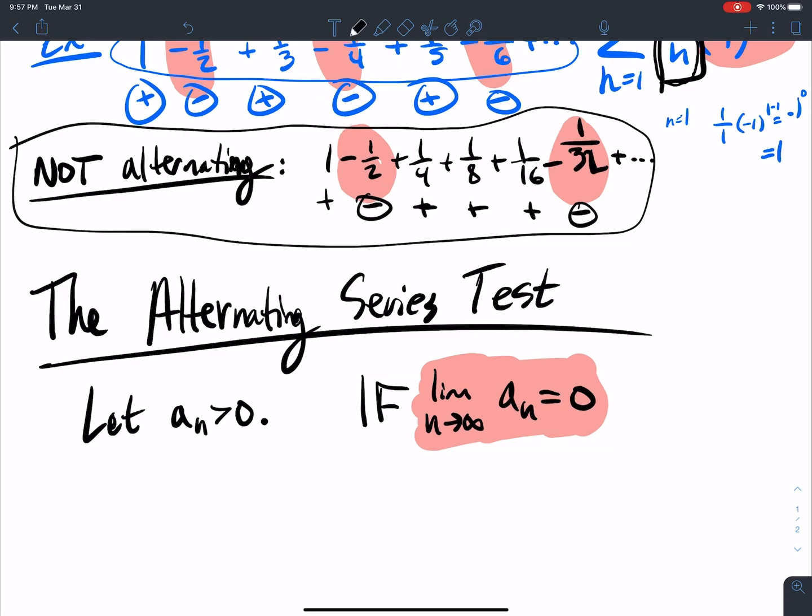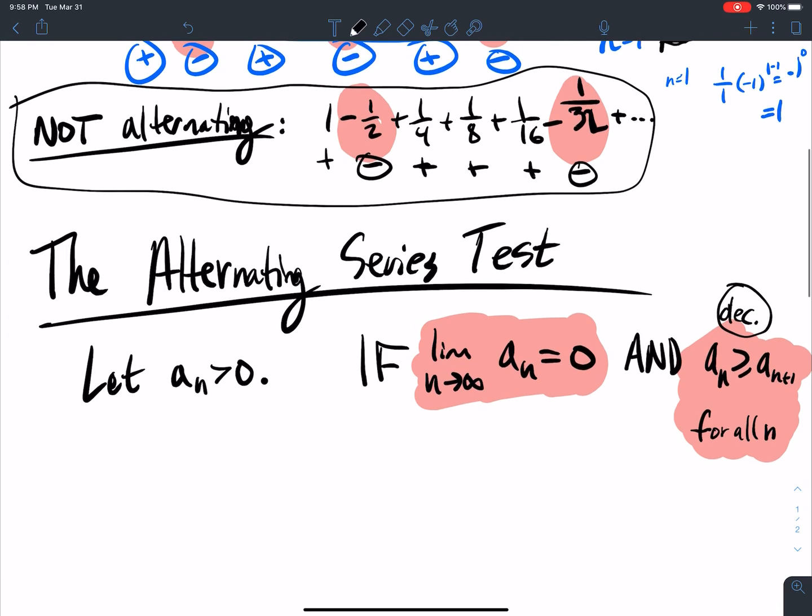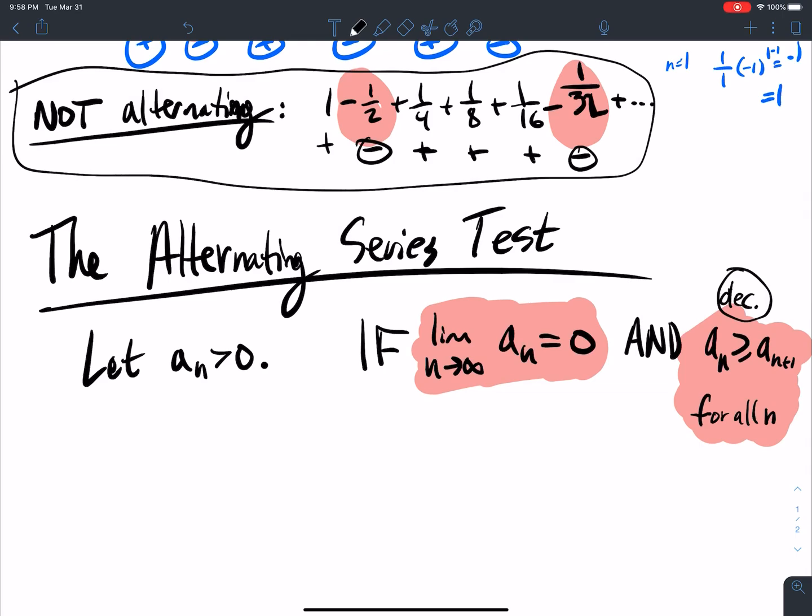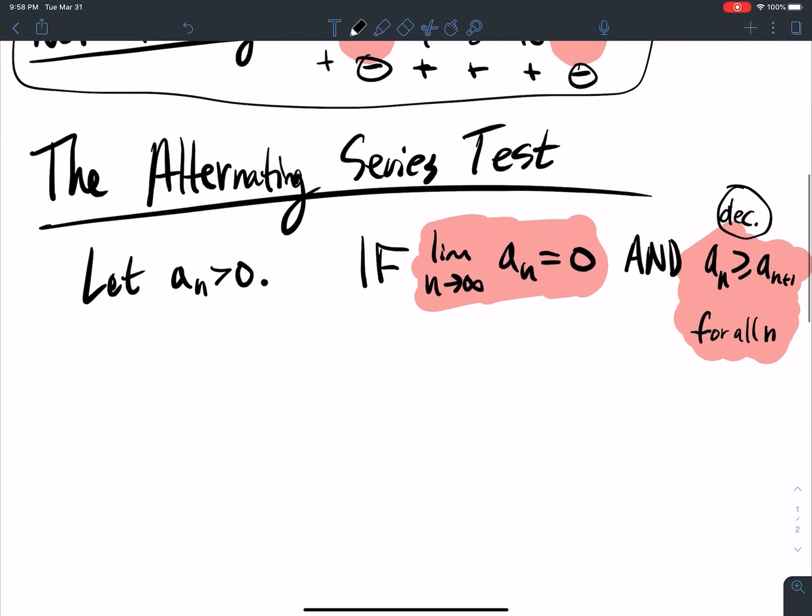And what else needs to be true? a_n is greater than or equal to a_(n+1) for all n. So what does this mean? This means we're decreasing. Each term after is a little bit smaller.